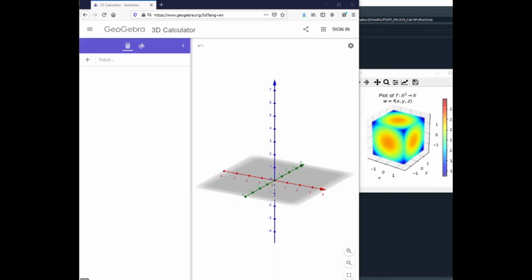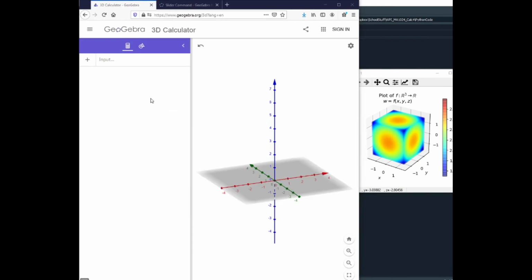And what I want to show right now is that even if you don't necessarily have mad Python skills, you can still go through and show what we've shown, and give a visualization of it. The idea here is that I've opened up the Geogebra window, which I introduced in the last lecture. This is Geogebra 3D. And here we have our function.